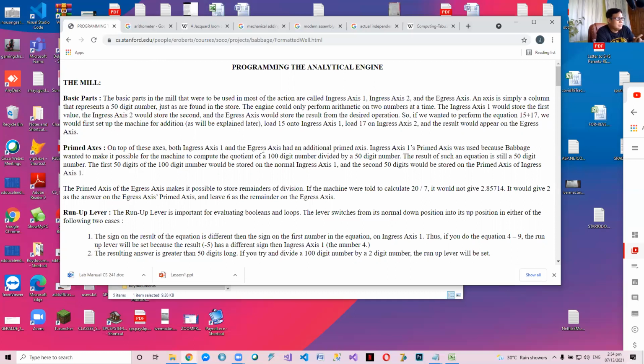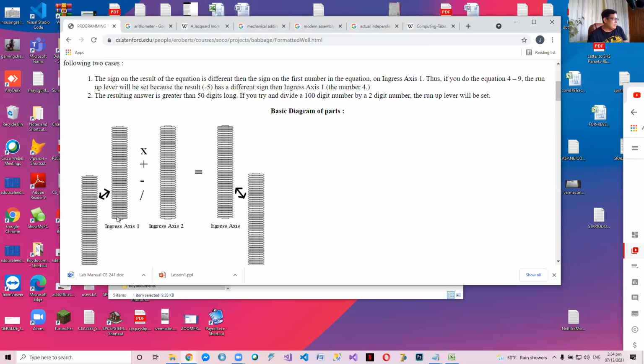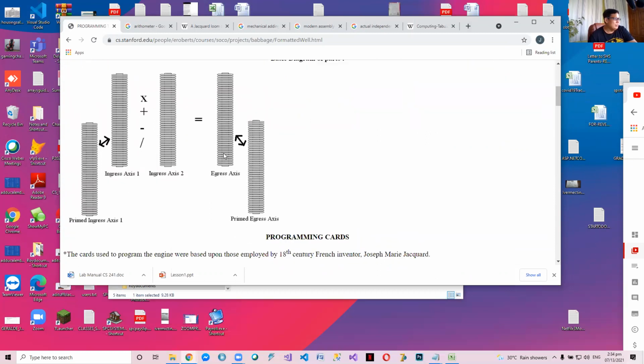Do you follow? So these rotating wheels can store numbers. They rotate mechanically depending on the value that is sent. And then when they are added, subtracted, or operated upon, the result will be in the egress axis, which is another rotating wheel, which can store a decimal value.